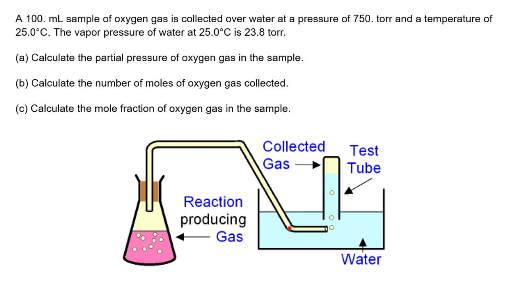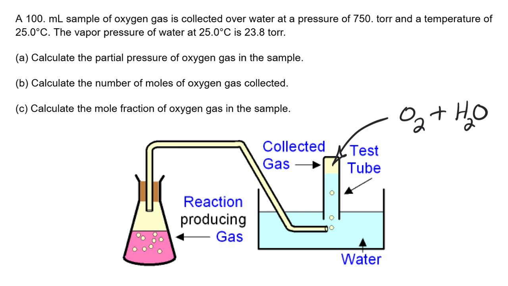It goes through the tube and it bubbles up through the water. And this collection tube, this test tube, would have been initially completely full of water. And as the gas bubbles up, it displaces the water. It pushes the water down out the bottom. And the gas that's being collected up here is now only O2 and H2O.